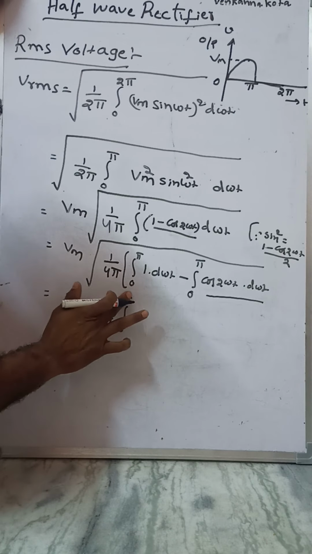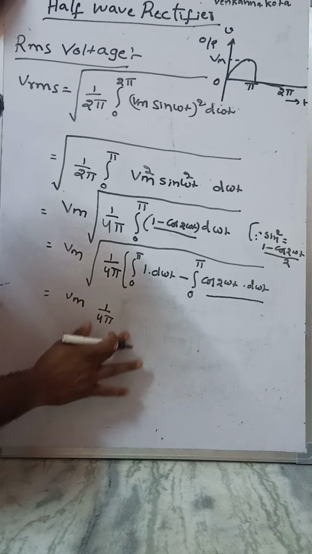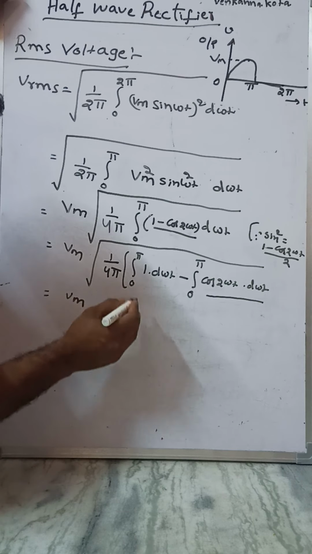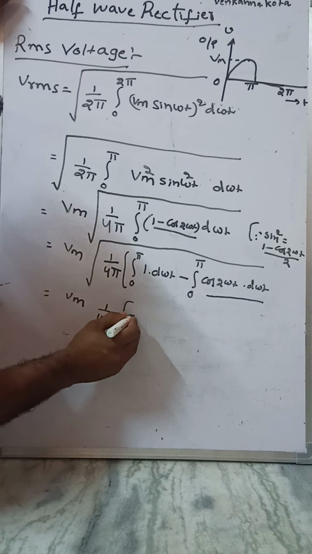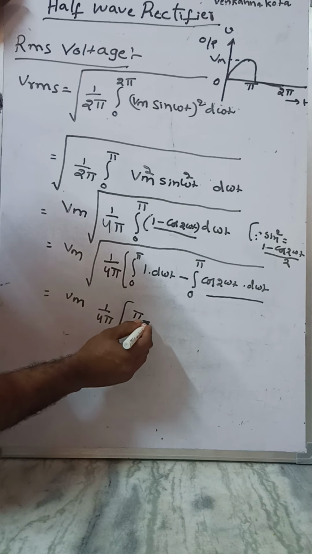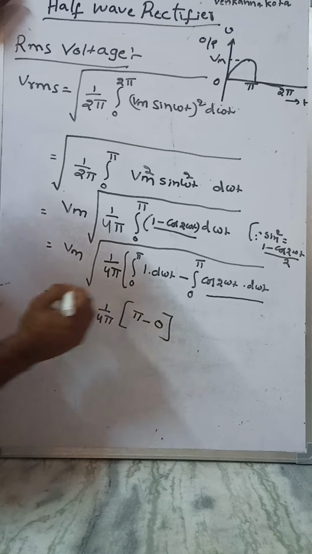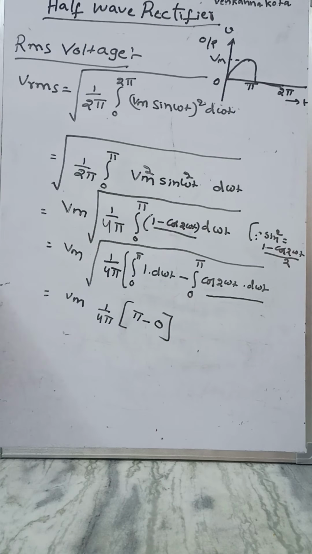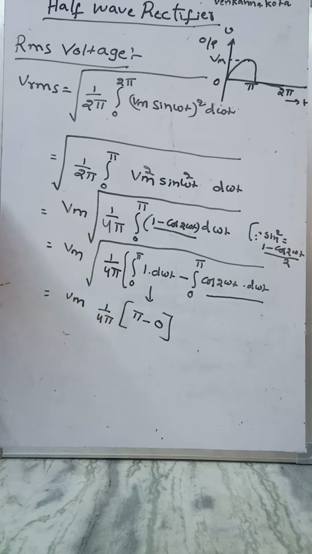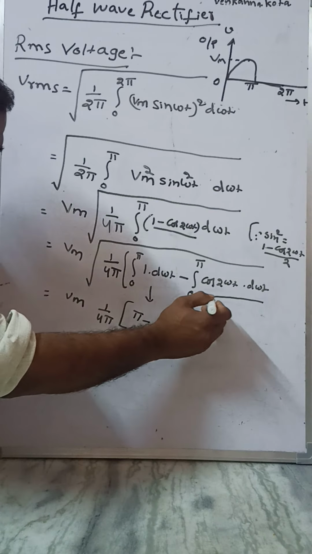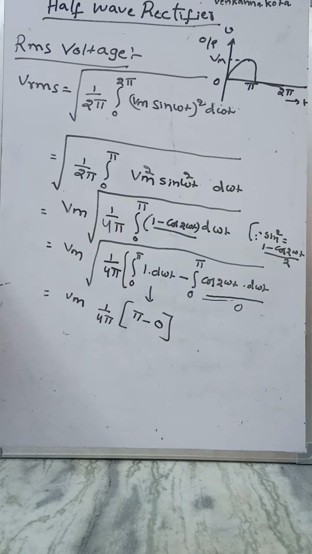The integration is only the value of omega. Then we have to apply the lower limit and upper limit, pi minus 0.